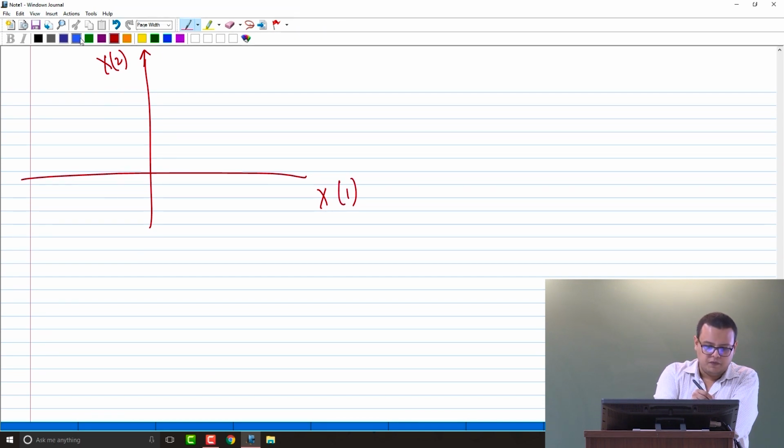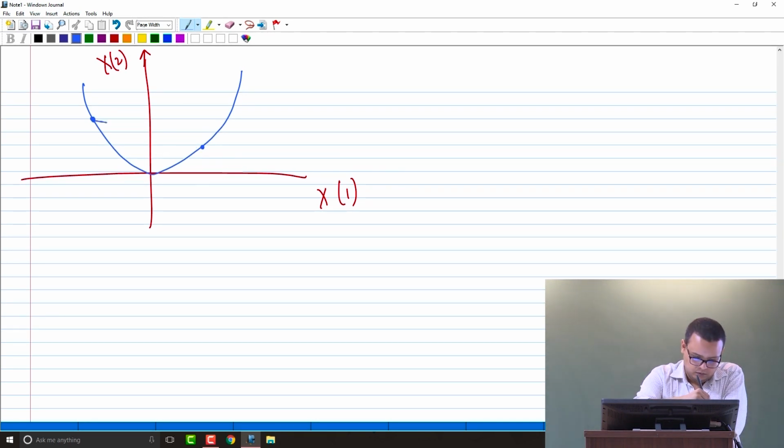You have this quadratic, and let's say I take 2 points. What is the lower hull?